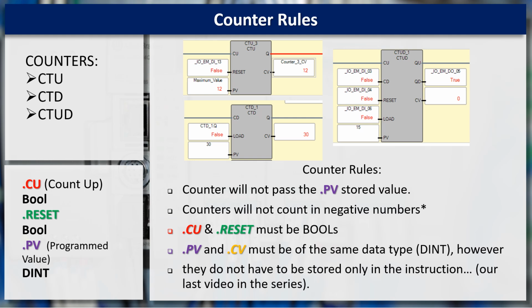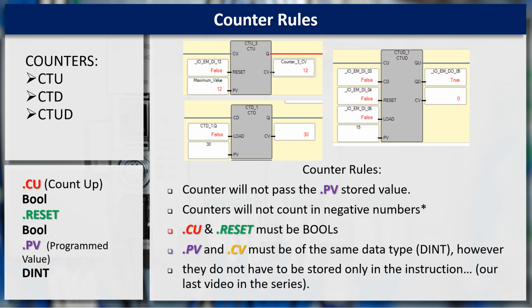With the counters, whether it's the count up or count down bits, the reset or the load bits, which we'll get to, all must be bools, just a 1 or a 0. The program value and the current value must be of the same data type, which by default is a DINT.